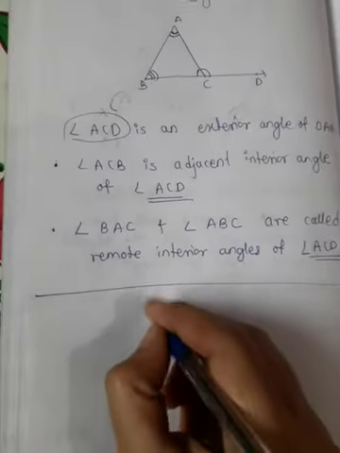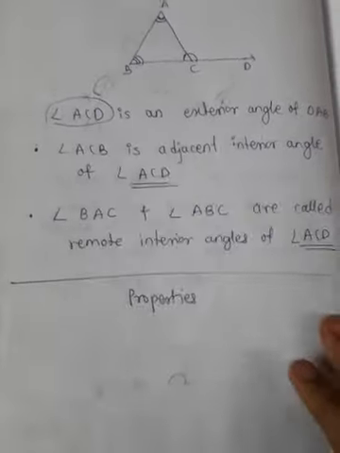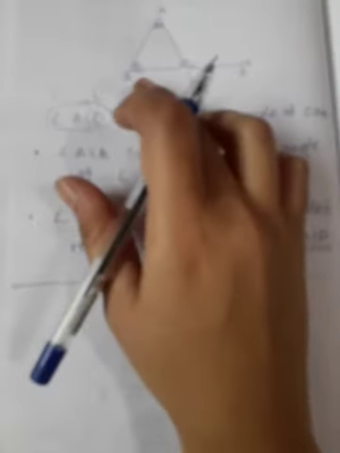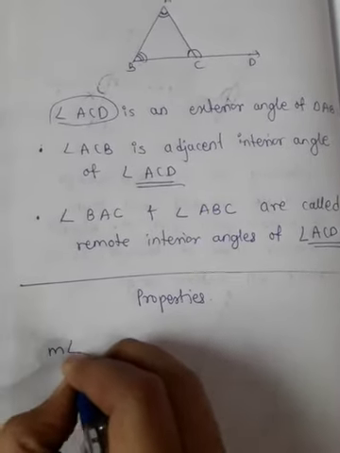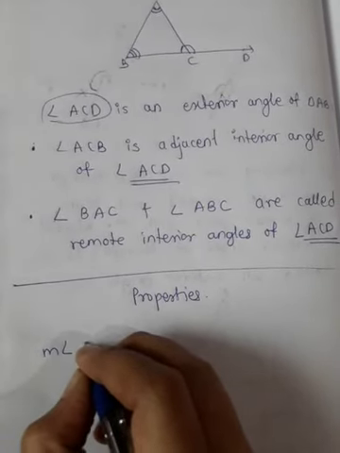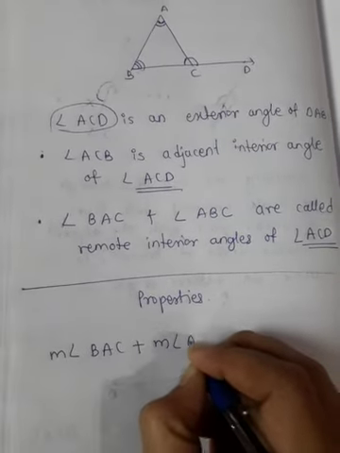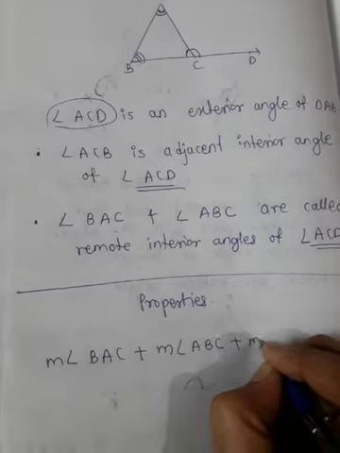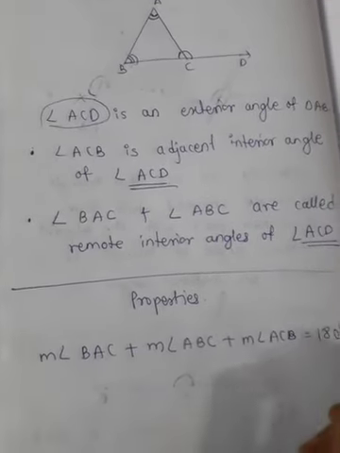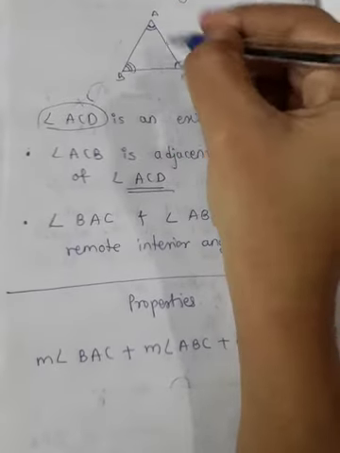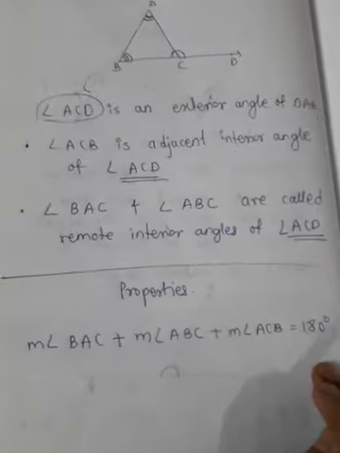Now let's see some properties. We know that the sum of the measures of angles of a triangle is 180. So here the measure of angle BAC plus the measure of angle ABC plus the measure of angle ACB is 180 degrees.